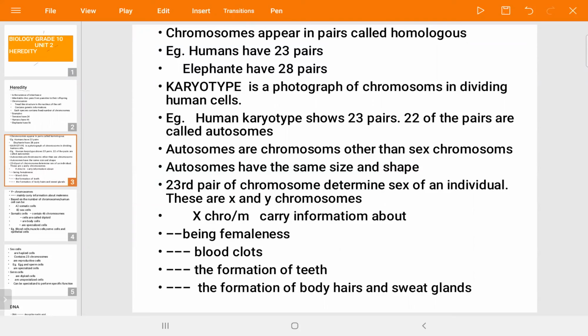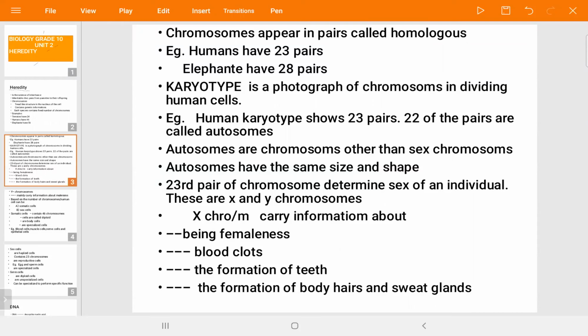Now, the other concept posed for discussion is karyotype. Karyotype is a photograph of chromosomes in dividing cells.